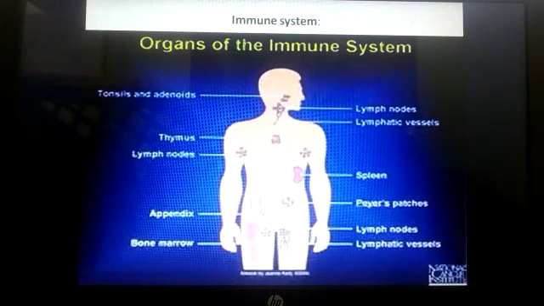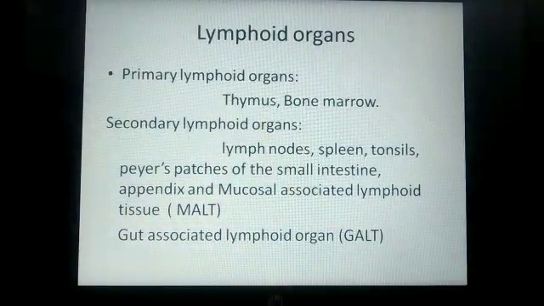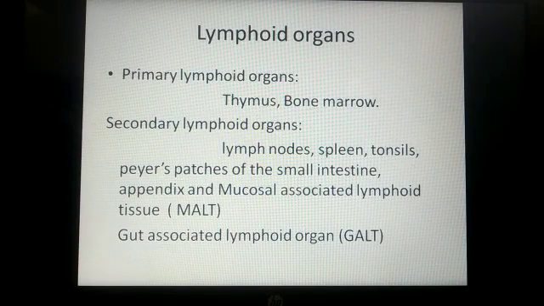The organs of the immune system. The organs of the immune system are referred to as lymphoid organs. We can categorize them as primary lymphoid organs and secondary lymphoid organs. Primary stands for first or first priority.